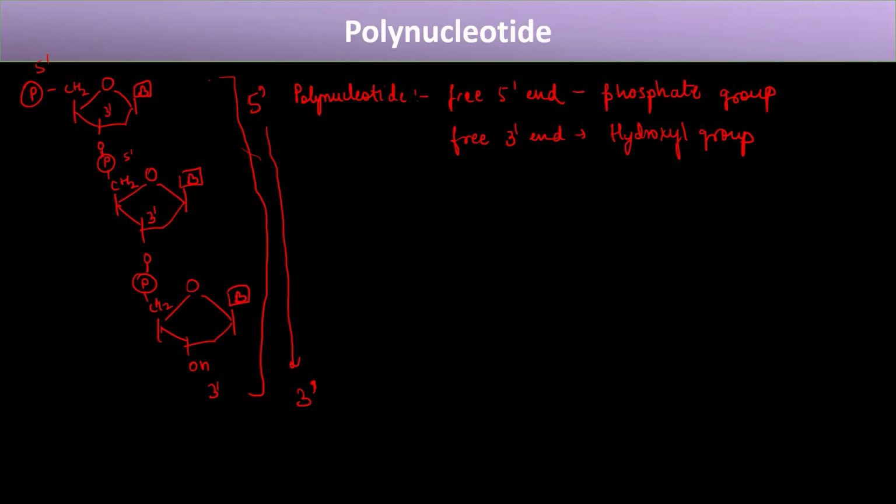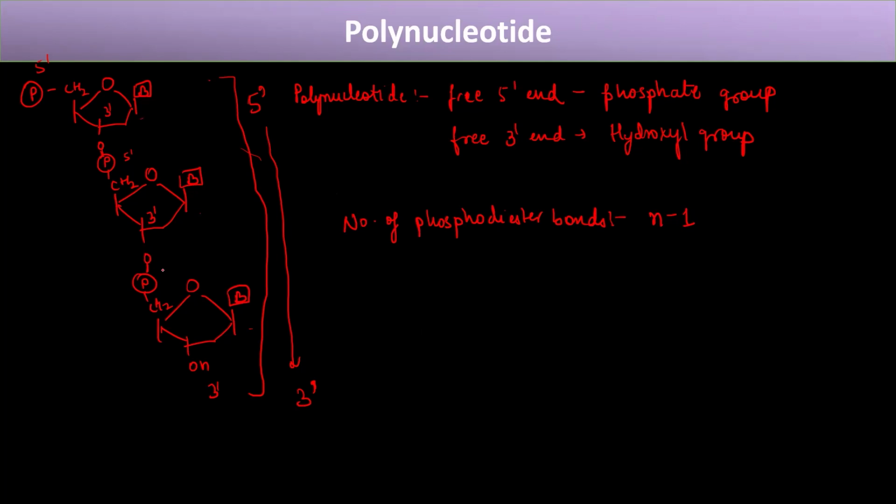Okay. Now, the second thing: how many phosphodiester bonds will be present in a polynucleotide? It will be n minus 1. How? Here we have 3 nucleotides, 1, 2, 3.